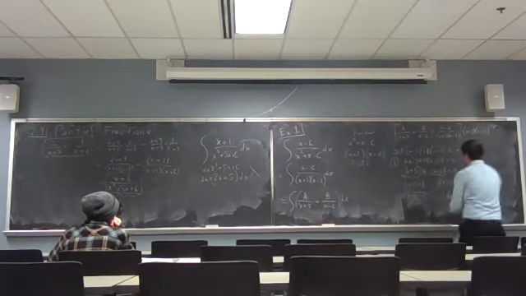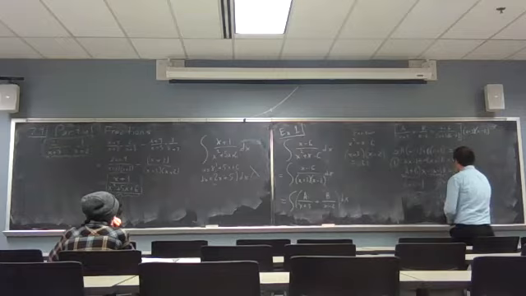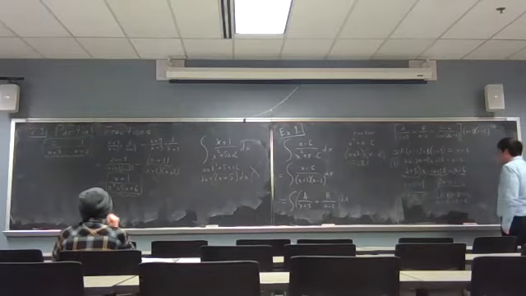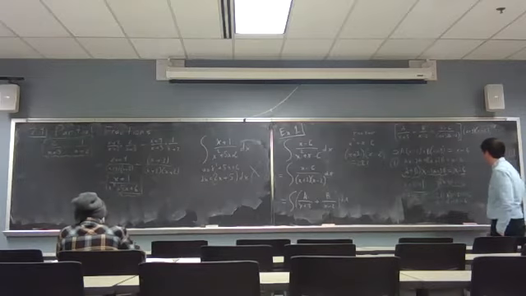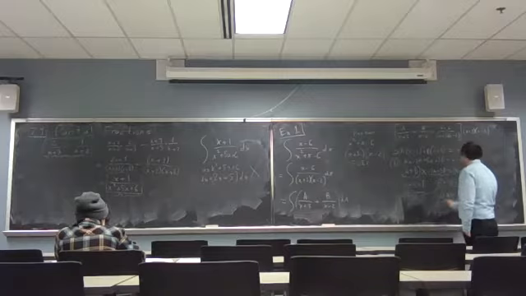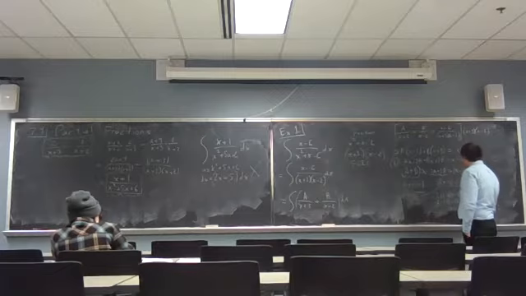I'm going to get negative 2 plus 2b plus 3b equals minus 6. I'm going to add 2 to both sides to cancel that, and we're going to get 5b equals negative 4.